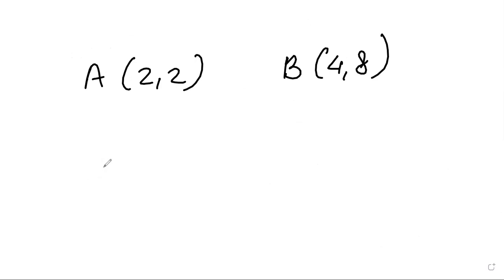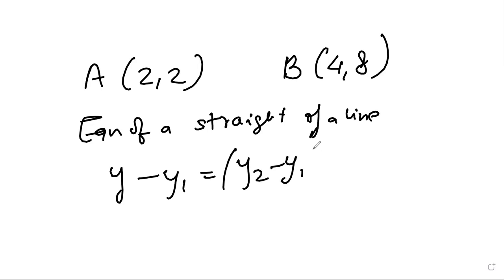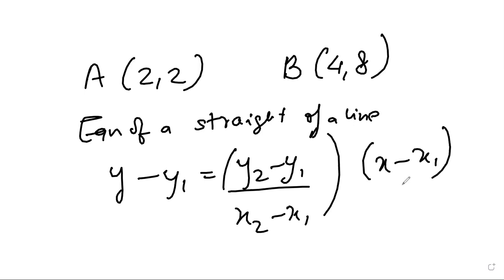There is a simple formula to find the equation of a straight line when the coordinates of 2 points are given. What is that formula? y minus y1 equals y2 minus y1 upon x2 minus x1 multiplied by x minus x1. Now, x1, y1 are coordinates of the first point, and x2, y2 are coordinates of the second point.